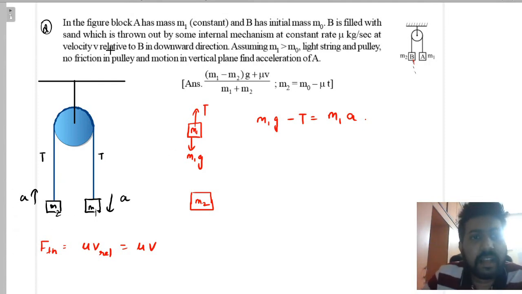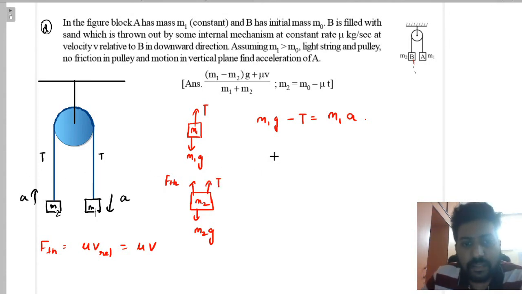It is given that the relative velocity is downwards, therefore the thrust force will be upwards. So there will be a thrust force upwards, force of gravity downwards, and tension upwards, and this is accelerating upwards with a. So you will write T plus thrust force, that is mu v, minus m2g is equal to m2a.